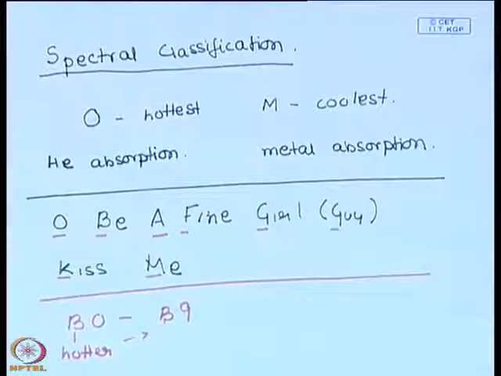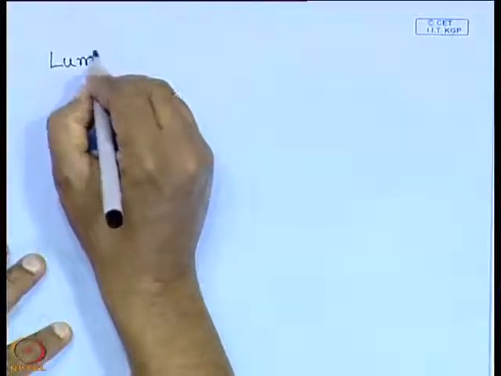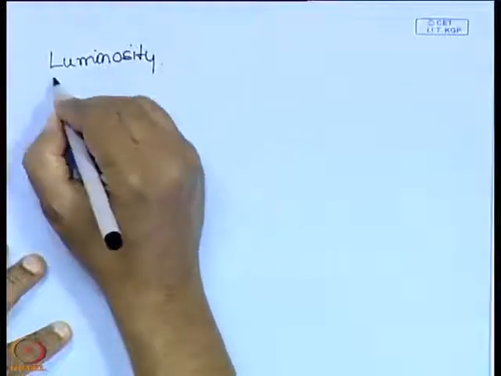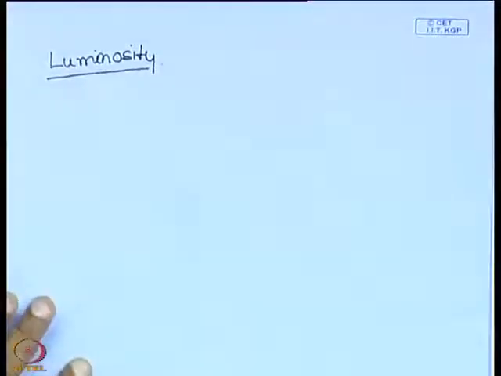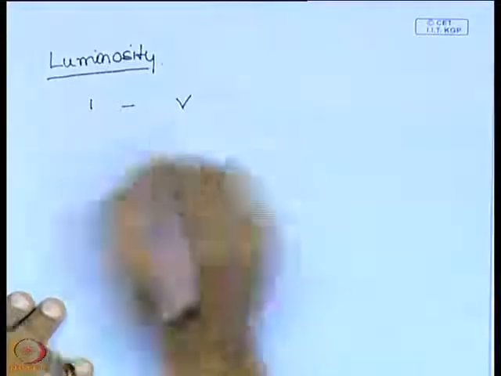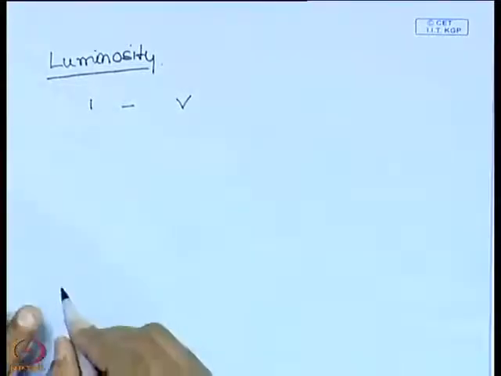Now, given the same temperature, it turns out that you can have classes of different luminosities also. So, to indicate this, there is another index which indicates the luminosity, and this runs from 1 to 5, and 1 are the giants.